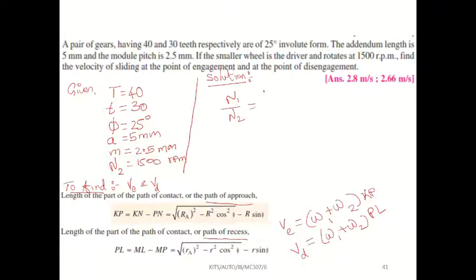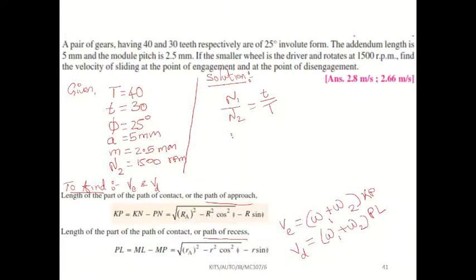So N1 by N2 equals t by T, the number of teeth in the pinion divided by the number of teeth in the wheel. This is the speed of the wheel divided by the speed of the pinion. See, the speed ratio is inversely proportional to the teeth ratio. That we have seen in the previous class.